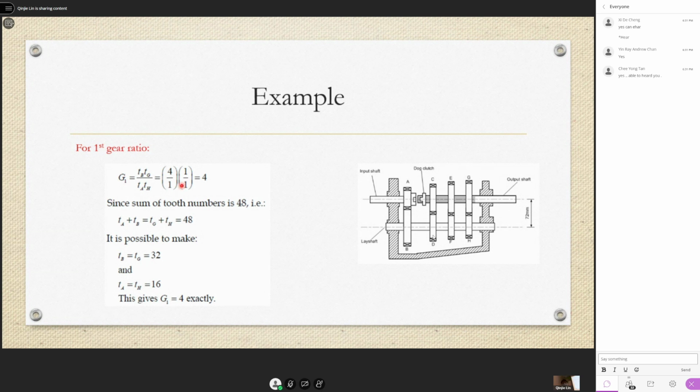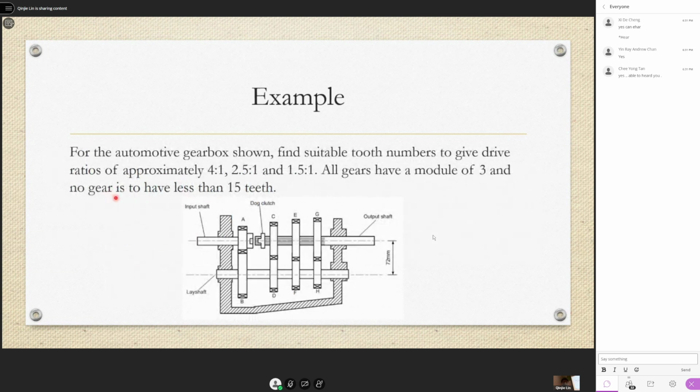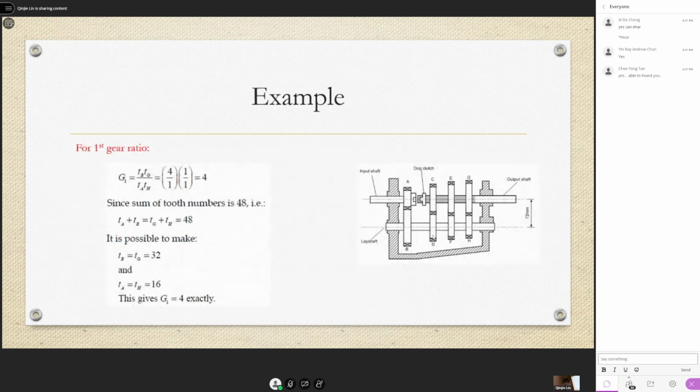For this example, one of the criteria is no gear is to have less than 15 teeth. Of course, you cannot try less than 15. So in this case, they try 32 and then they also try 16. Okay, which will give exactly 4. You want the gear ratio to be 4.